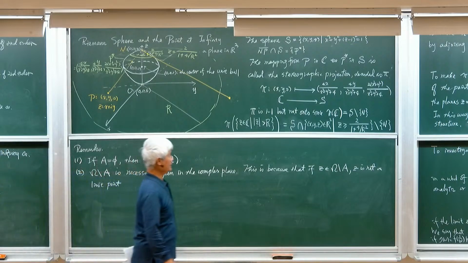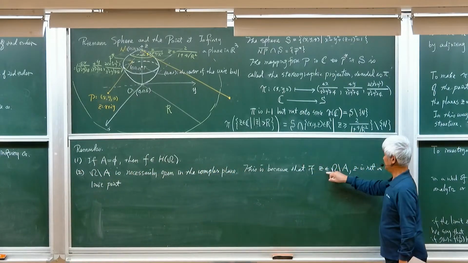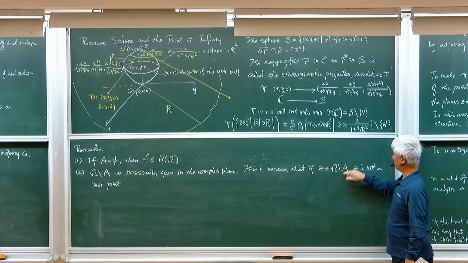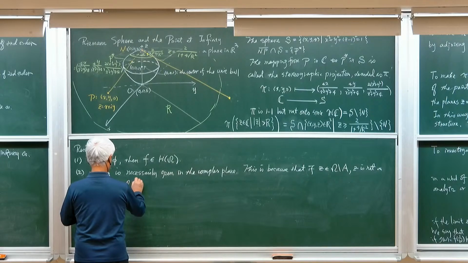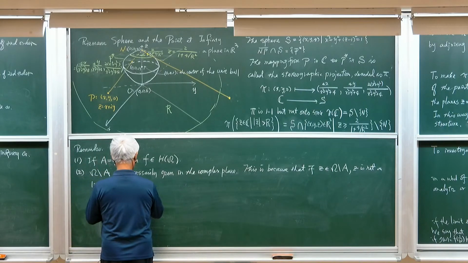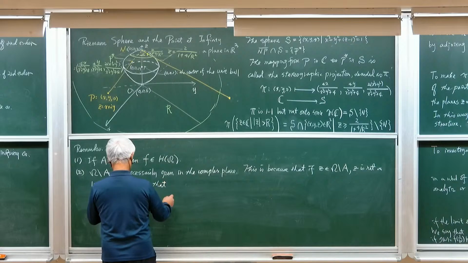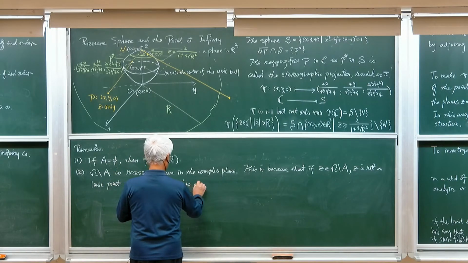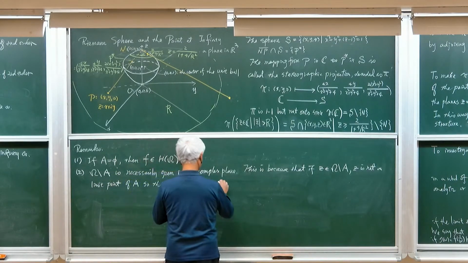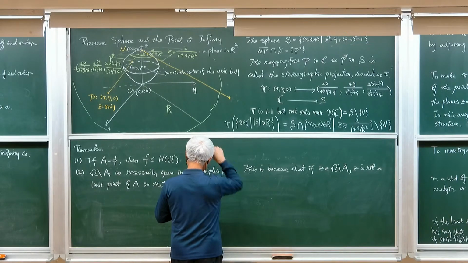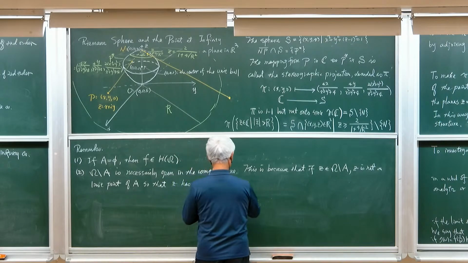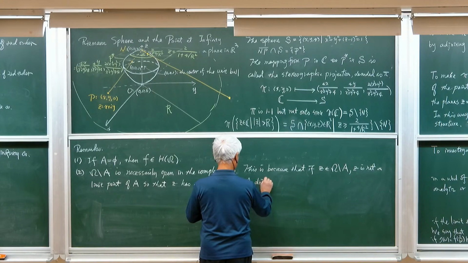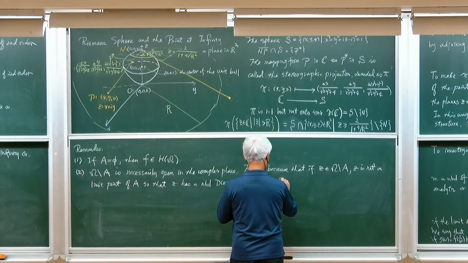So any point in omega but outside of A is not a limit point of A. And by definition, the point z has a neighborhood in omega, disjoint from A.